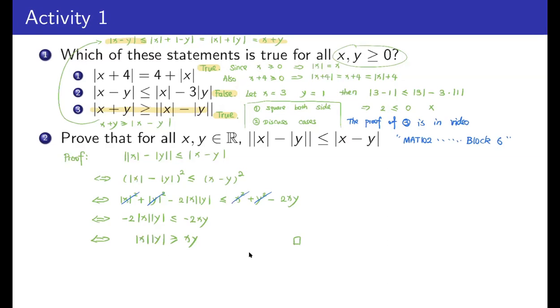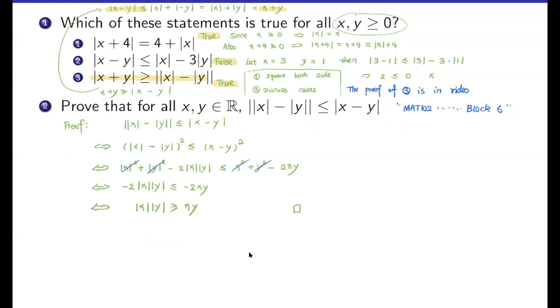Any question? Wait, okay. How do we prove the last line? I just said it's true by basic fact. Yes, it is a basic fact.